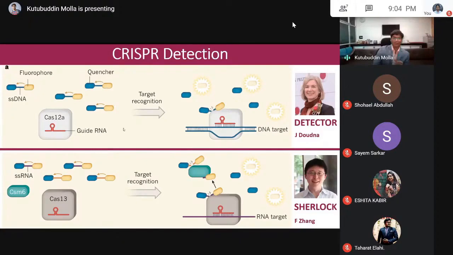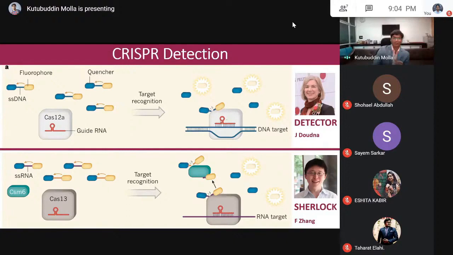So suppose your tube has a viral component, you don't know that, you add Cas12a and the viral component, or suppose blood serum, and then you add this reporter quencher dye. And you design the guide RNA to target the viral DNA, or viral RNA.